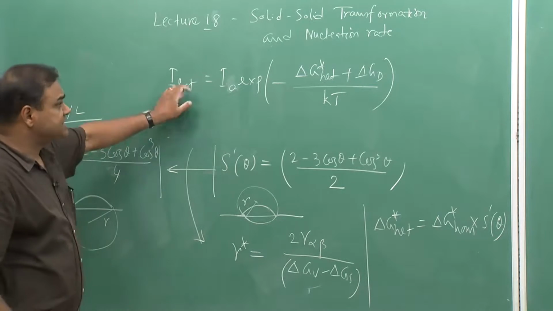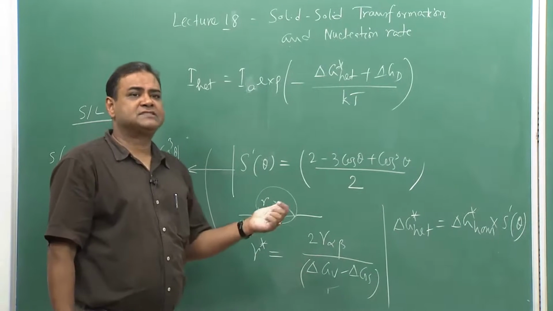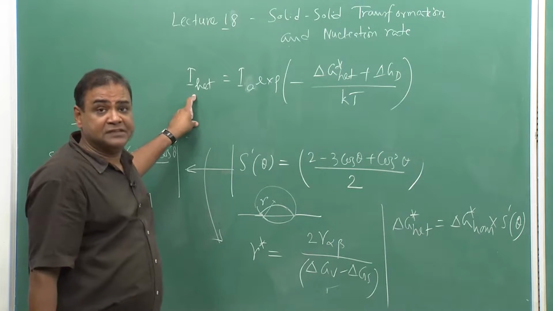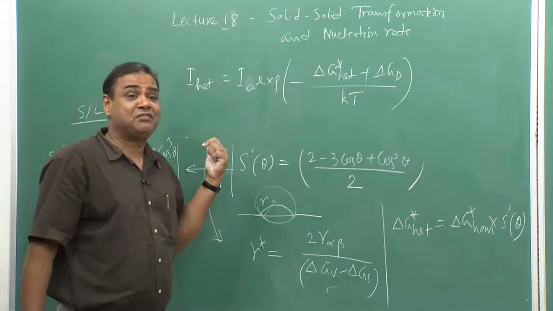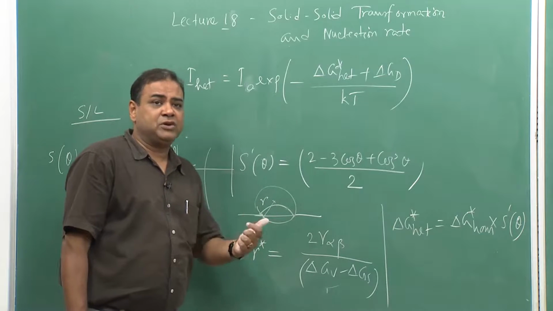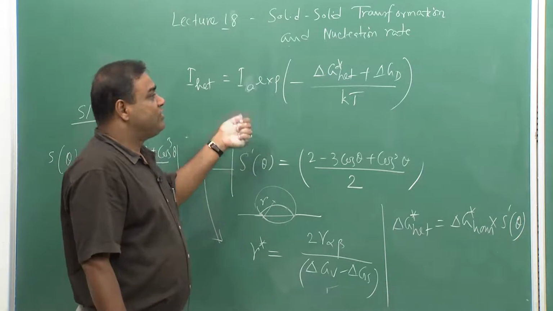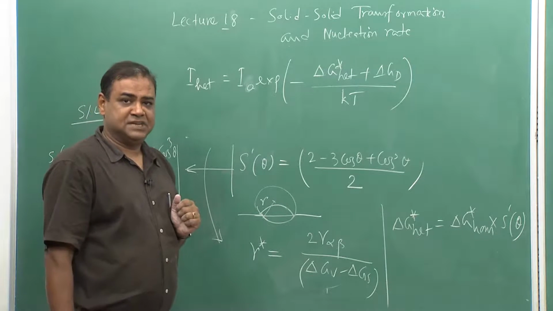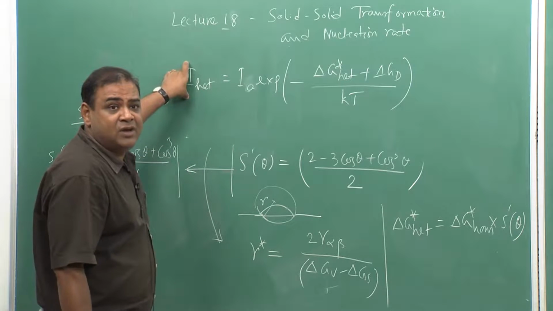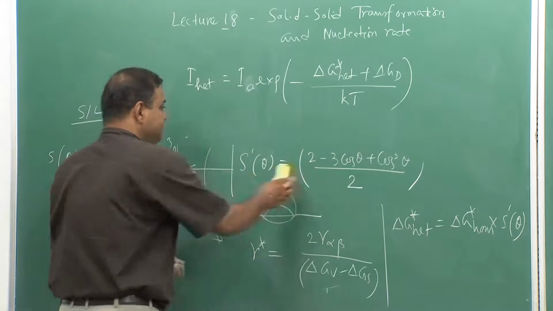So, now we can see that whether it is a solid solid transformation or a solid liquid transformation, we can get to the value of nucleation rate. Now, we have found nucleation rate for both situations, whether it is solid liquid or solid solid, and at the same time whether it is homogeneous or heterogeneous.